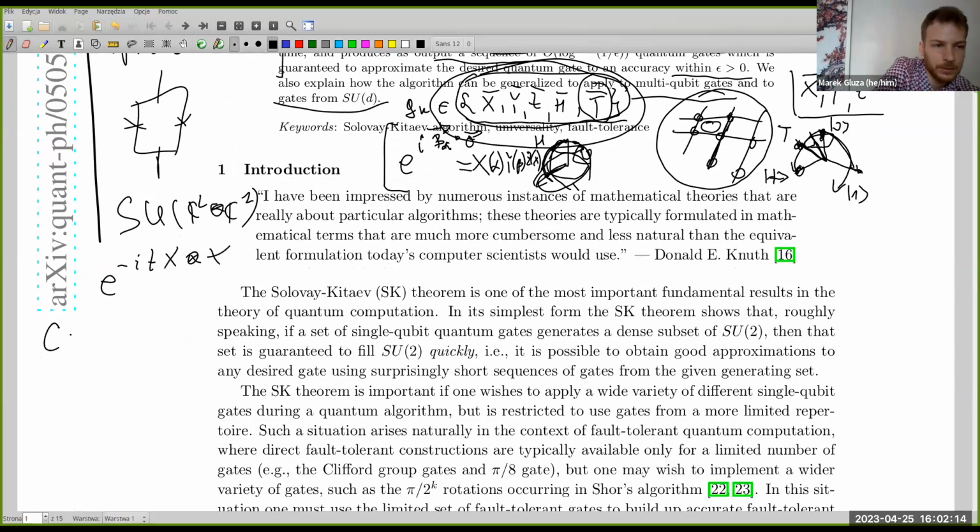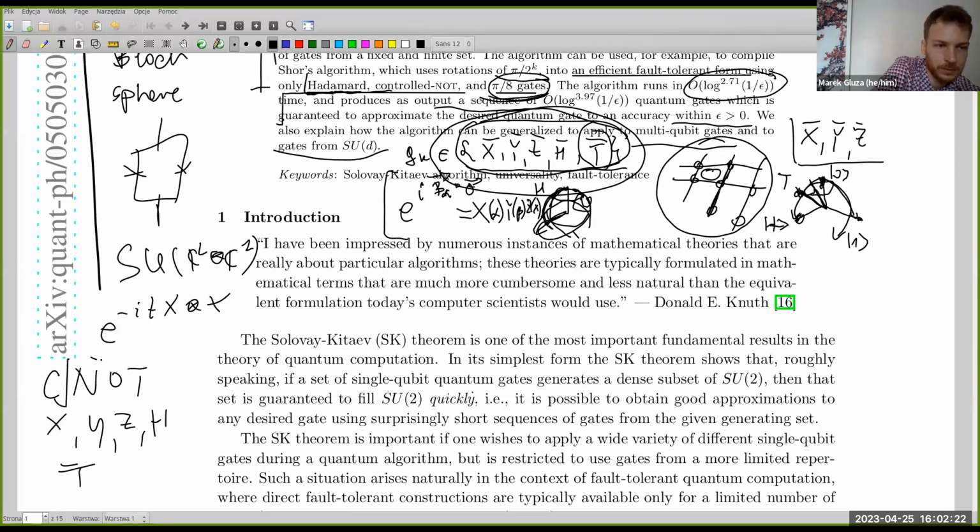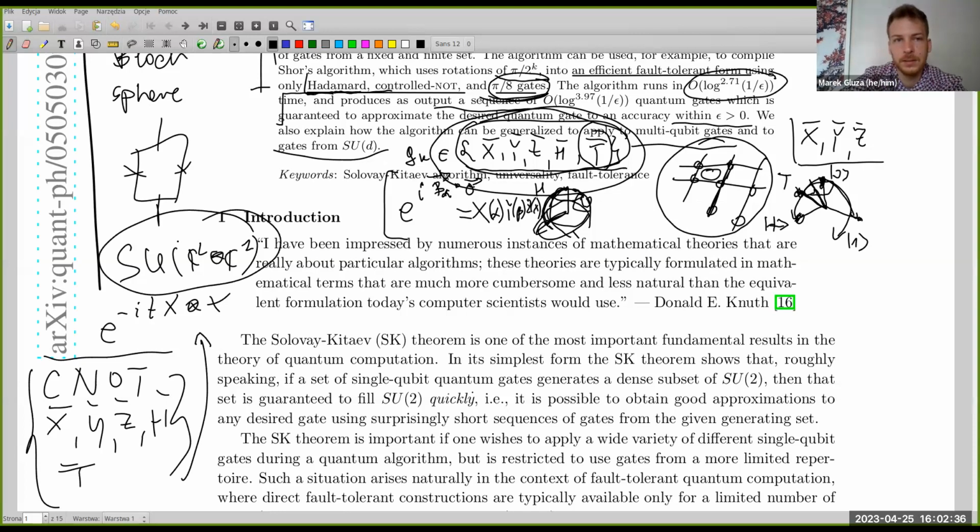And then you might want to ask how to use the logical ones, the Pauli X, Y, Z, Hadamard and T gate, for example. So how to use this and get that.